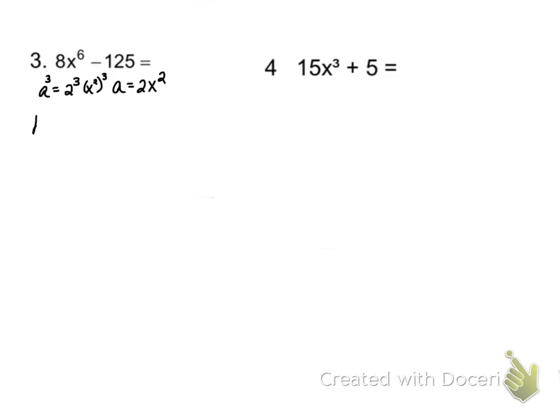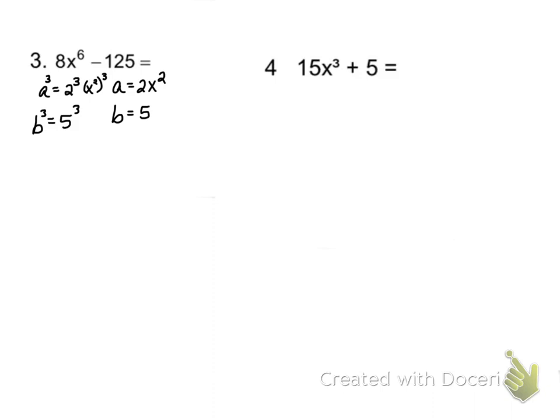Then b cubed is the same as 5 cubed. 125 is 5 cubed. So in this case, b is just 5. So what's different with this one is that we had that multiple of 3 as our power. But that can also be cubed, and so you have to realize how to do that.